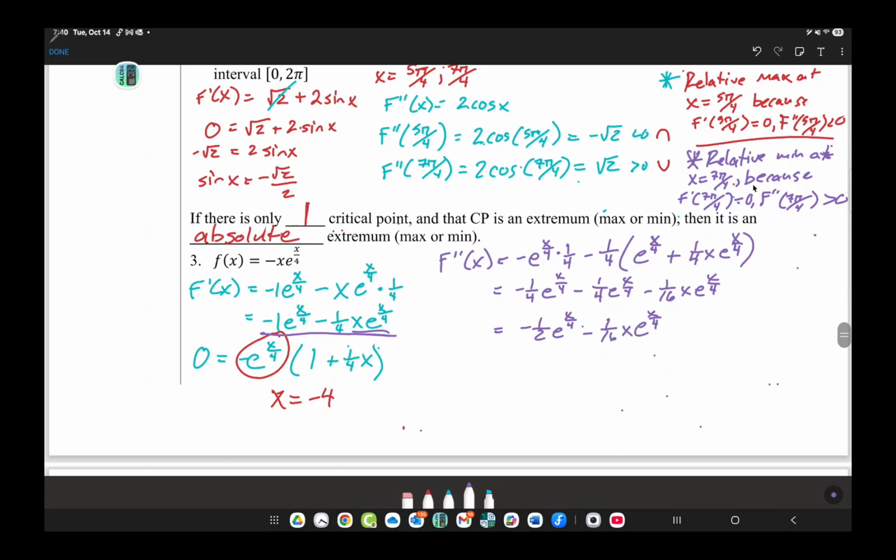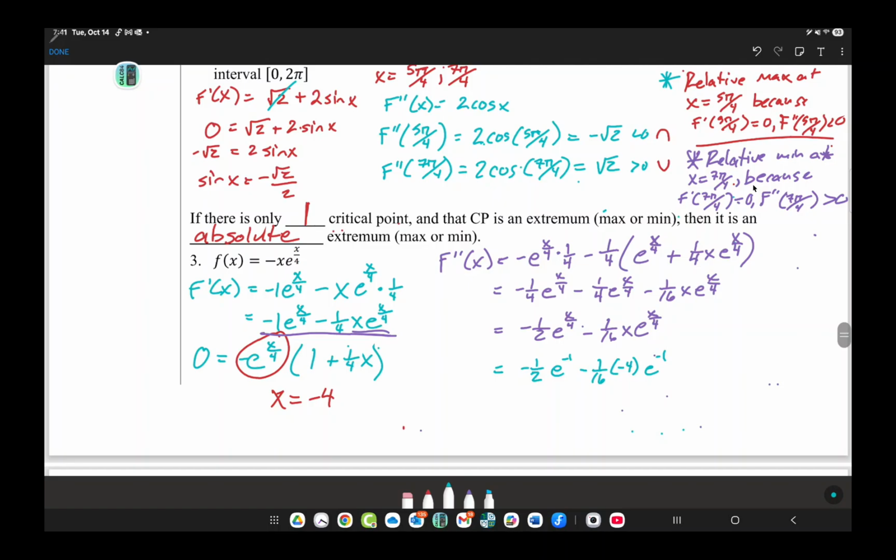Now, the idea here is we are going to plug in negative 4. So negative 1/2. Now, negative 4 just gives me e to the negative 1. Minus 1/16 times negative 4, e to the negative 1.